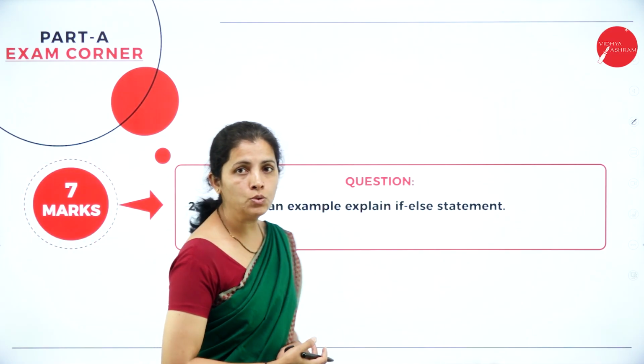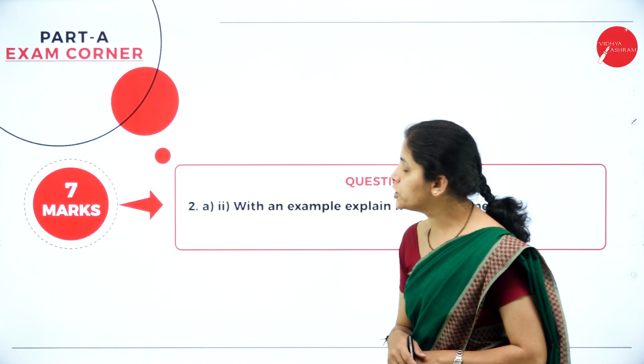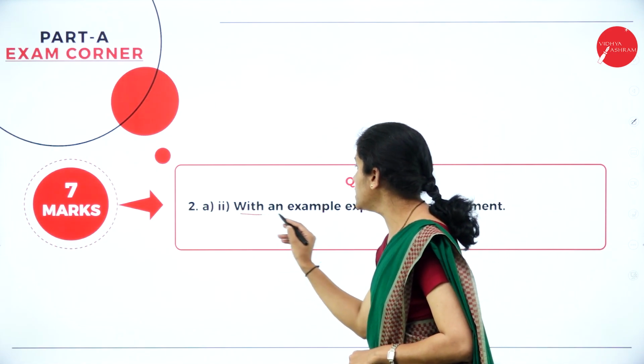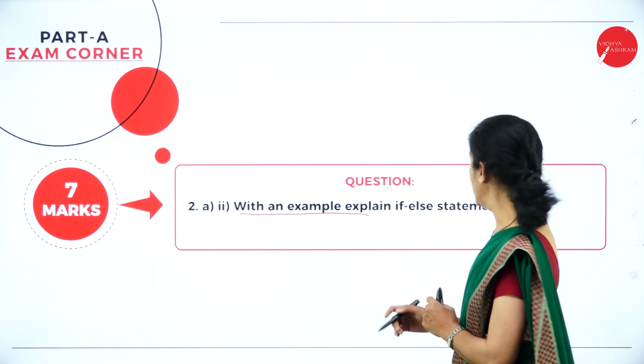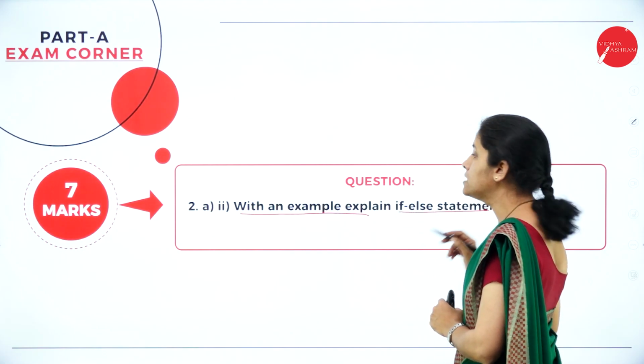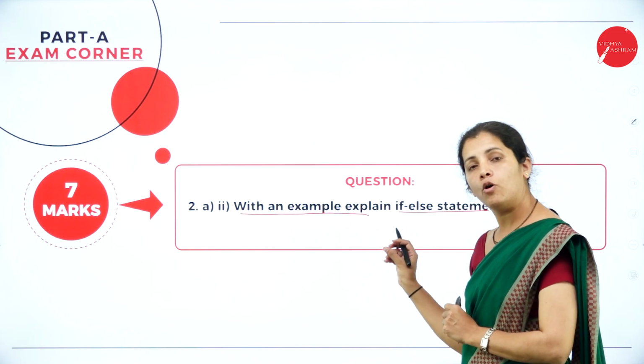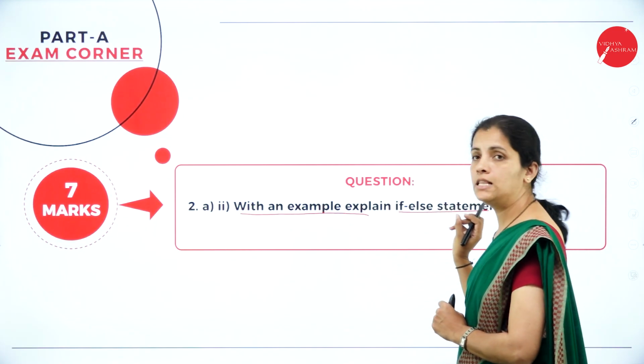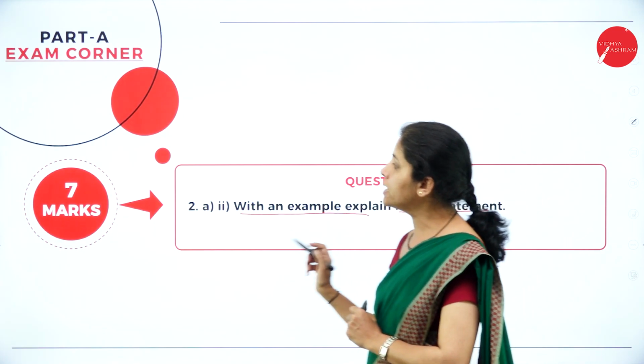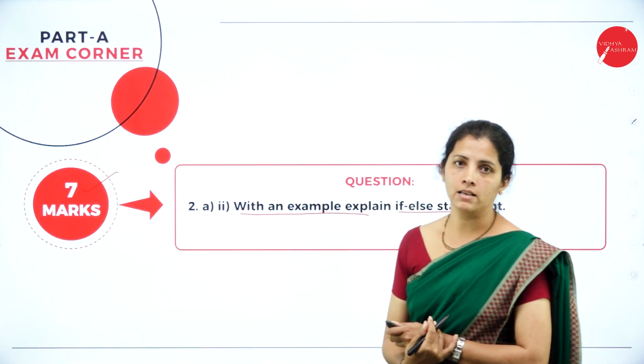Now, dear student, I am going to have another question, that is, with an example explain if else statement. With the example, I want to explain if else statement, and this question carries 7 marks.